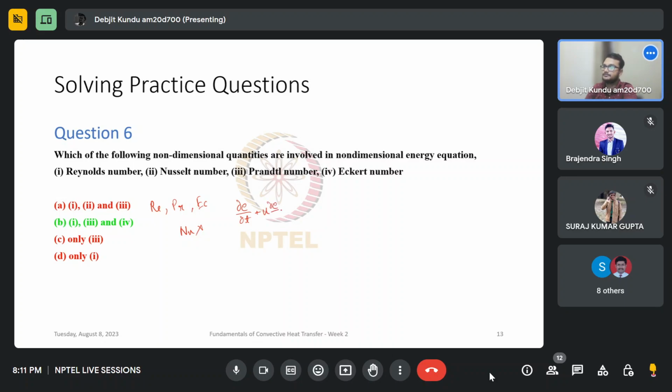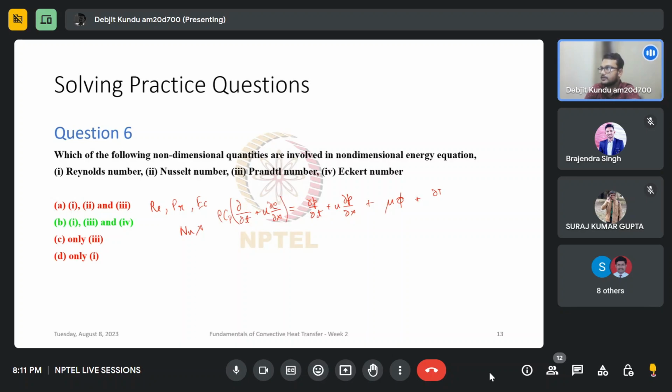So it will be something like this, equal to T by rho Cp here.